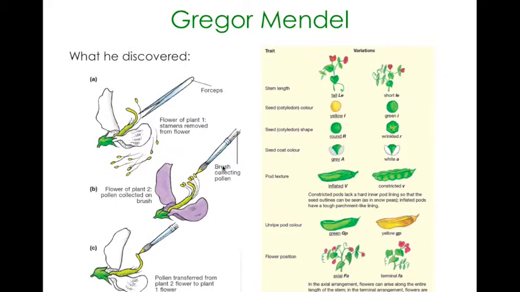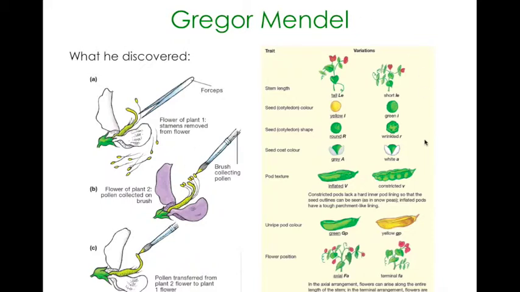He would then collect the pollen with a brush, and then he would pollinate other flowers by hand using this brush. So by doing that he was controlling the environment in which the plants were reproducing, and he was able to then select for certain traits within his peas.